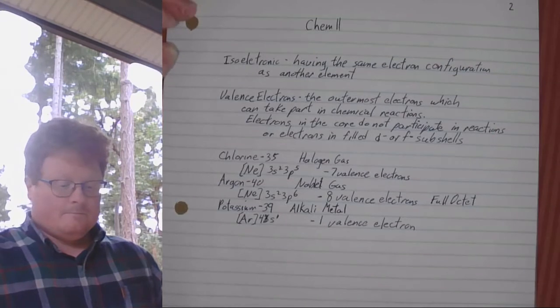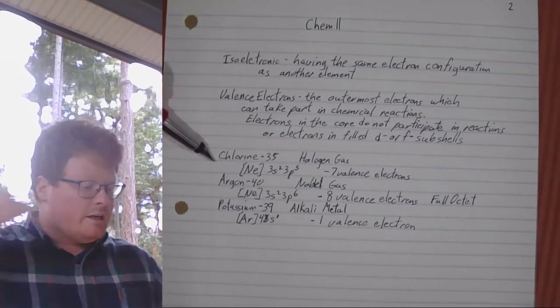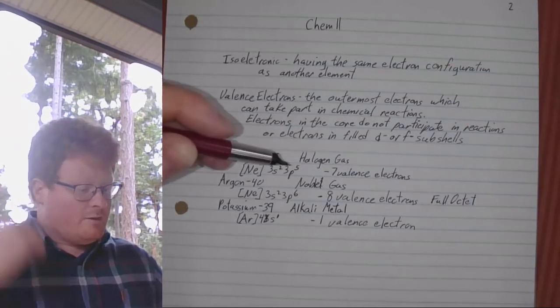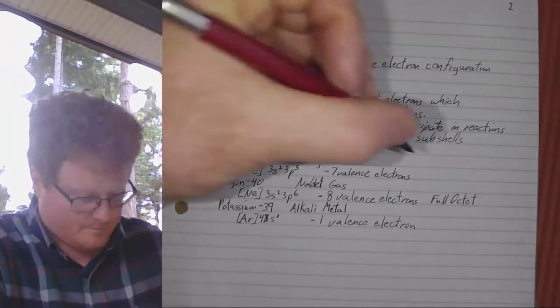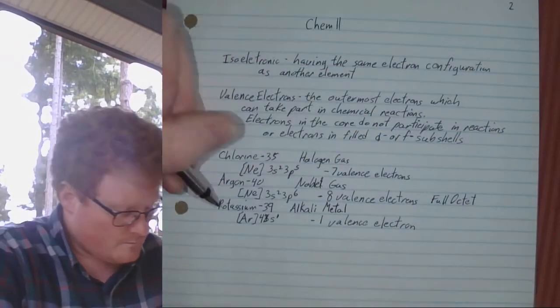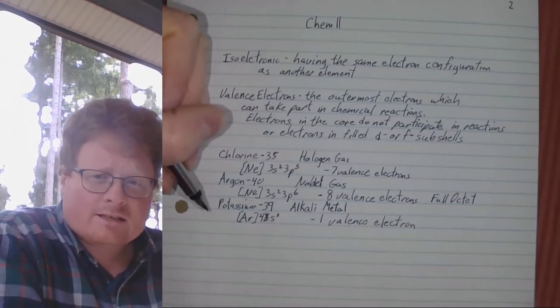Octet, 8. That's what other elements strive for. Chlorine, 3s2, 3p5, is 1 valence electron away from having a full octet. Potassium has 1 more electron than a full octet.